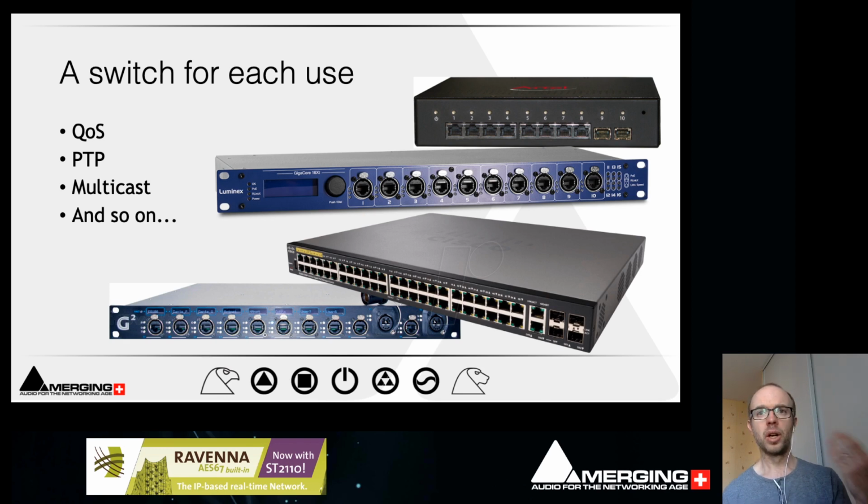And then when you get into a bigger network, you might need at some point a PTP switch, a switch that is PTP aware, and so on, meaning the capacity to do routing at the layer 3, the capacity to do multicast routing, etc.